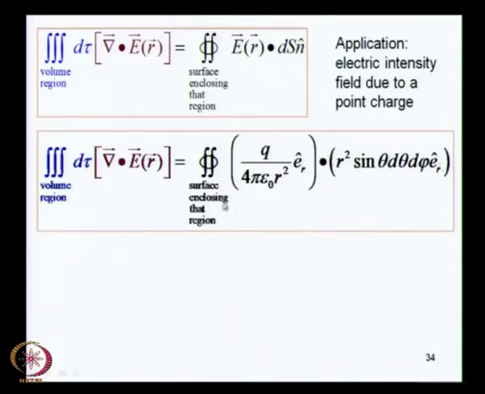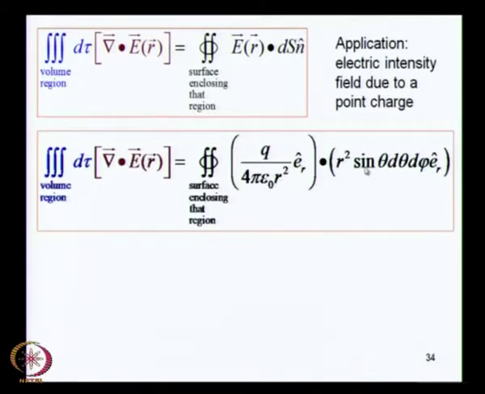Now, the evaluation of the surface integral is very simple, because this r square cancels the r square in the denominator. Q over 4 pi is a constant which you can pull outside the surface integration. The 1 over epsilon 0 also comes out.